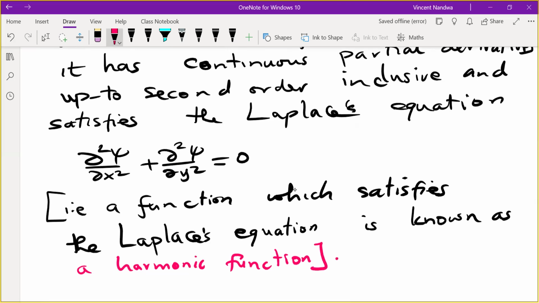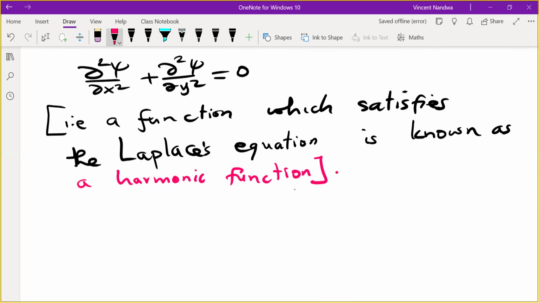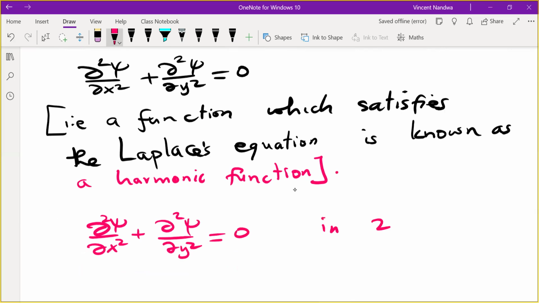And remember, the Laplace equation in 2D, if a function is phi, is partial squared phi, partial x squared, plus partial squared phi, partial y squared, equal to 0. This is in 2D.